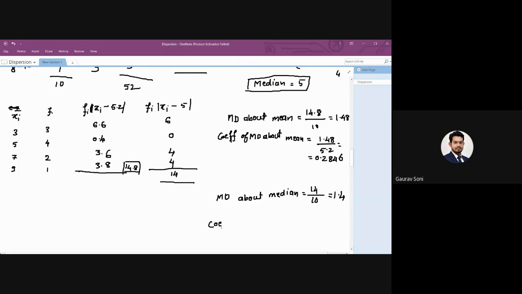Coefficient of mean deviation about median is going to be 1.4 upon the median, which is 5. What's the answer here? 0.28.